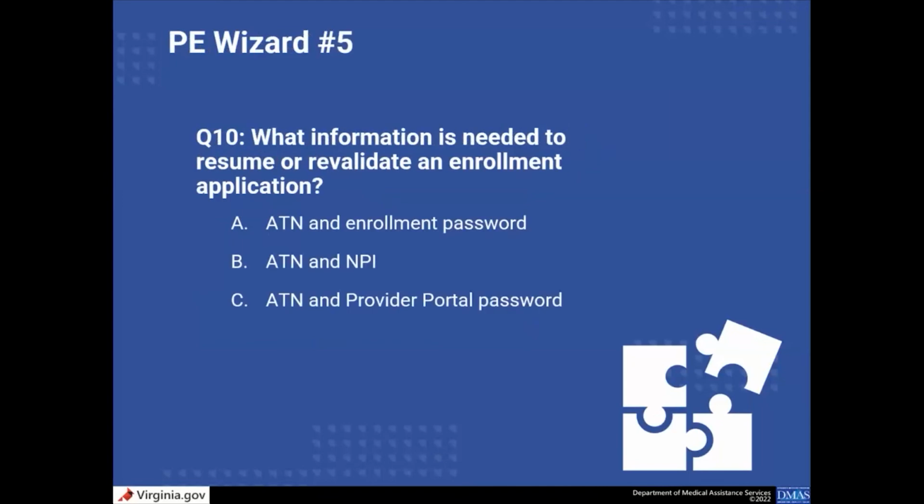And our last question, what information is needed to resume or revalidate an enrollment application? Is it the ATN and enrollment password, ATN and NPI, or the ATN and the provider portal password? The correct answer is the ATN and enrollment password.